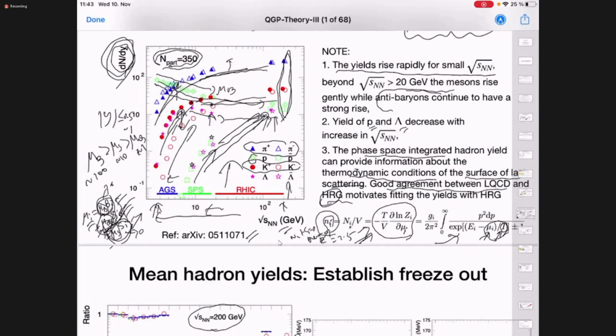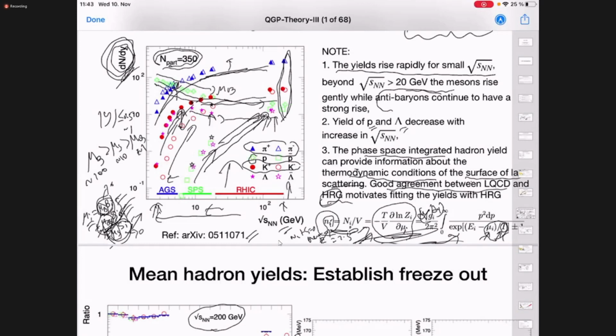It is simply a cube of. So this is the formula that I have written here, right? This is like number density, but this is number. So in this formula there should be this V, and because you are doing dN by dy, this is like dV by dy. So that parameter is extracted as a fitting parameter.